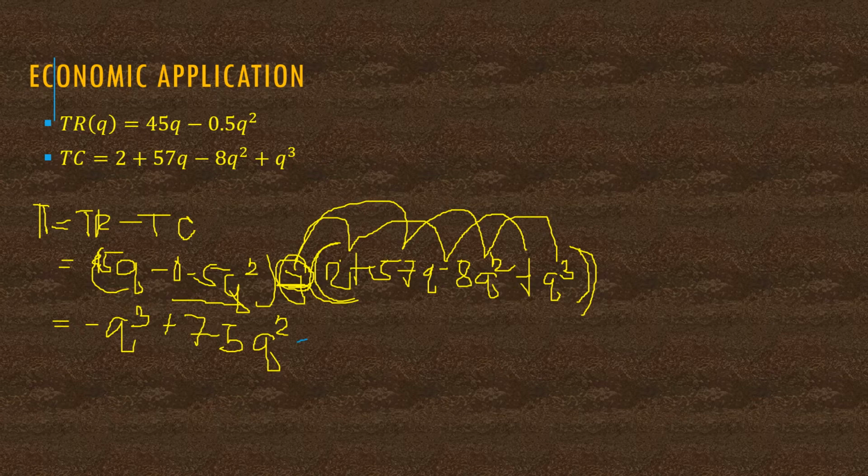So that will become a negative 12Q already. Next one is the last part, which is the lowest one, negative 2. Once you have this, it is considered to be your profit function already. Just excuse me for a while.